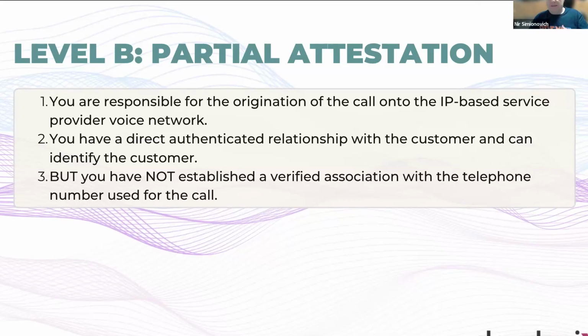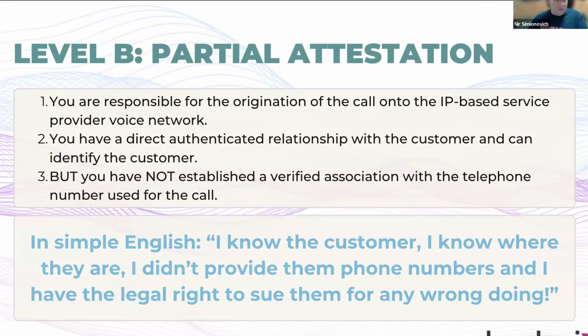So what will happen is that I will attest at what's called partial attestation. It means that yes, I trust them. Yes, I know who they are, but I cannot attest that the number is real or that they own it.